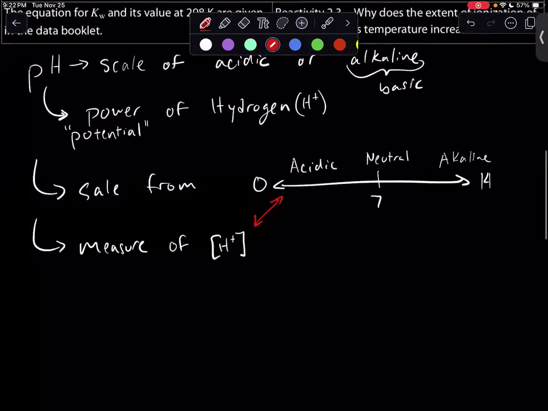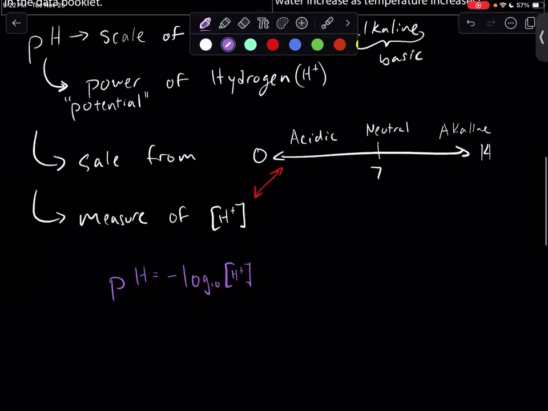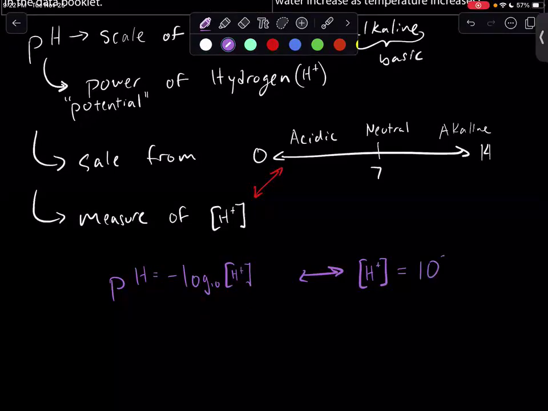But we have to understand that the equation for pH equals the negative log 10 of our hydrogen concentration. So as our hydrogen concentration increases, the value for pH will decrease. And once again, we can always inverse this. So if we're looking for a concentration of H plus and we have our pH, that's just equal to 10 to the minus pH power.